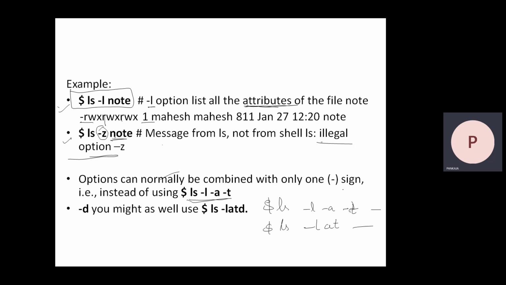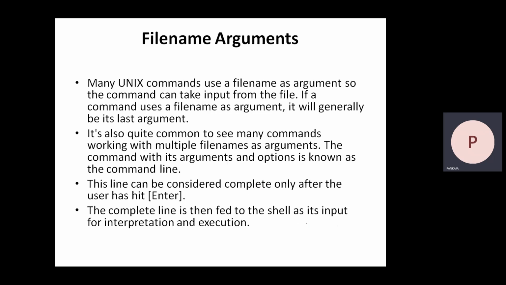I already explained about the arguments here. In a UNIX command, you use a file name as an argument, so the command can take a file as an input. So here what is the file? The file is nothing but your command itself, it is a file. If you go to the bin directory, like how you go in Windows to C drive, Program Files, and that particular application where you can see all the related files with respect to that software, similarly for every command there will be a separate file.